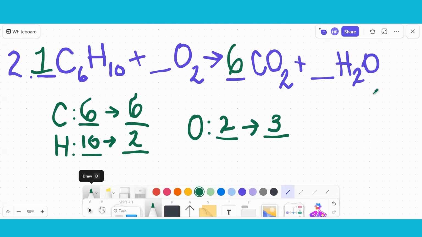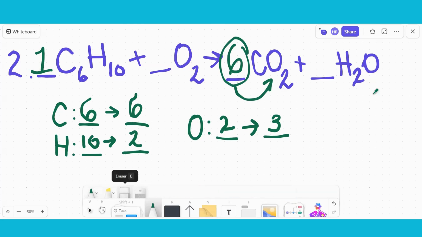But this 6 here is also being multiplied by our O2. So since the carbon dioxide is 1 compound, we need to also account for the change that happened to our oxygens. So now on the right, there's 6.